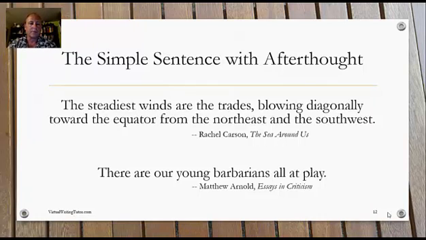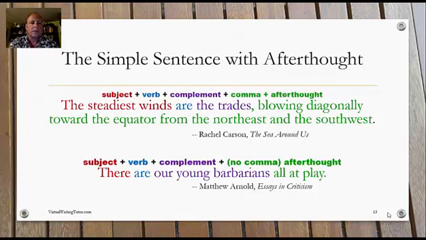Here's a second example. There are our young barbarians all at play. Notice all at play seems to be added to the end of the sentence as an afterthought. Let's do some analysis and look at this a bit more closely. The subject of the first sentence, the steadiest winds, is marked in red here, followed immediately by the verb and the complement.